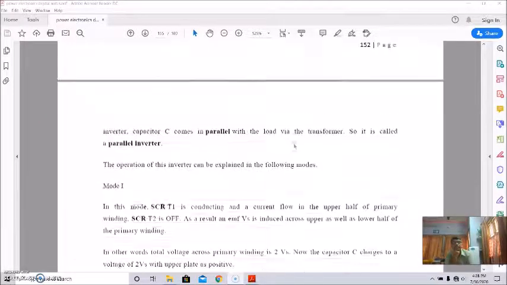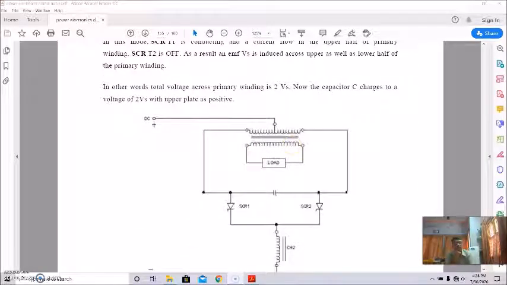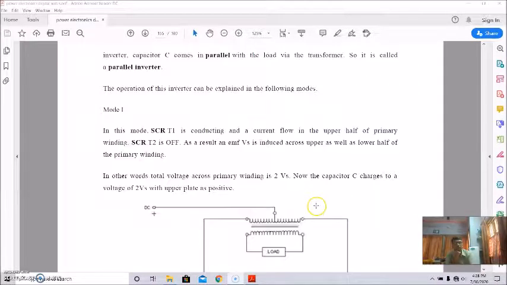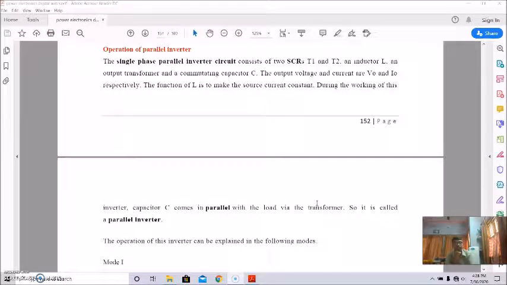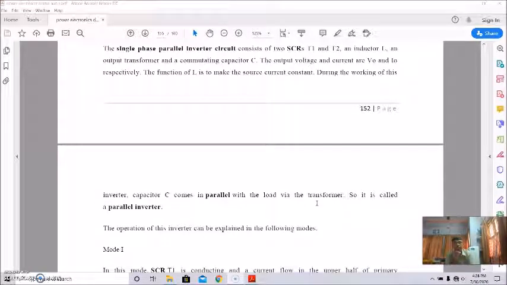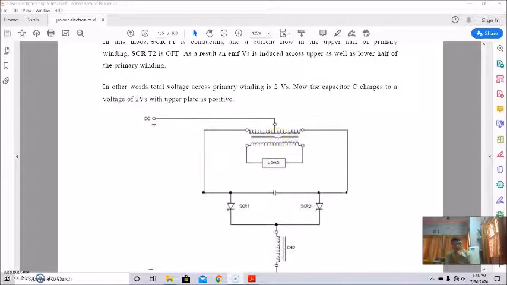So once again, it consists of two HCRs, HCR1 and HCR2, or you can say T1, T2, whatever you want to say, an inductor, an output or commutating transformer, a commutating capacitor, and the load. Basically, these are connected in parallel.